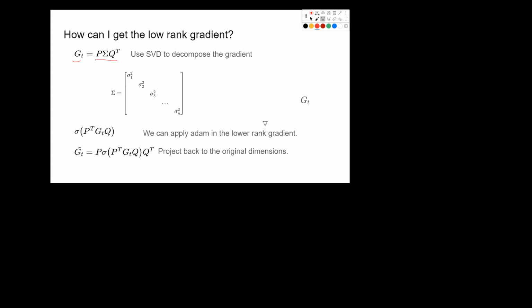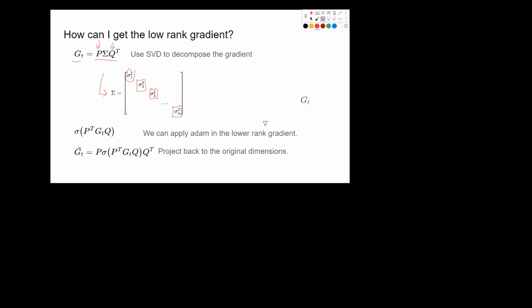In this way, both P and Q will be orthogonal matrices, and sigma will be a diagonal matrix whose diagonal values are sorted according to their magnitude.